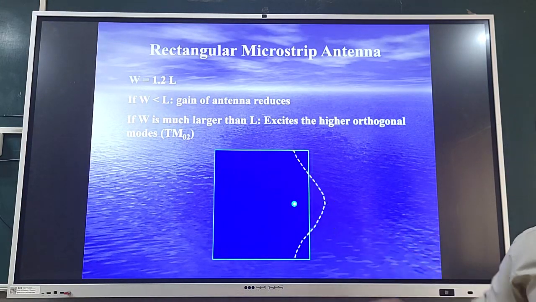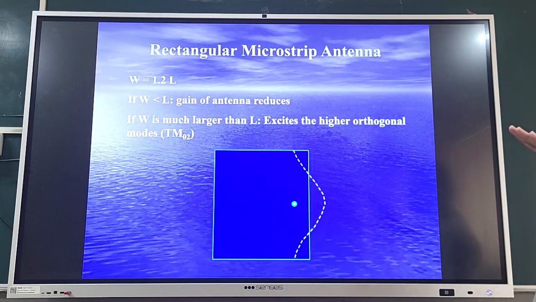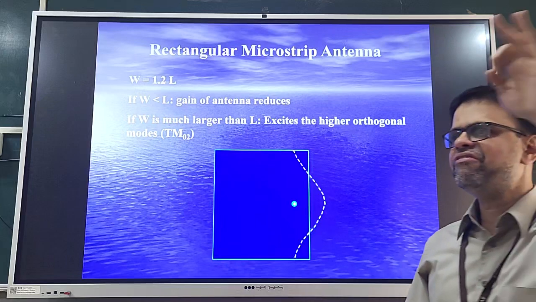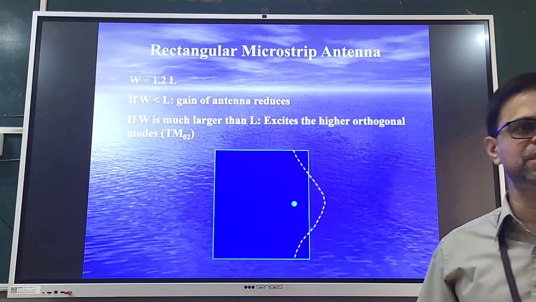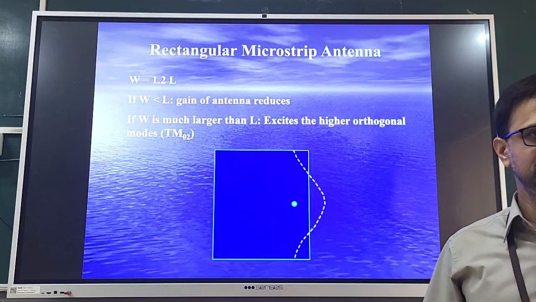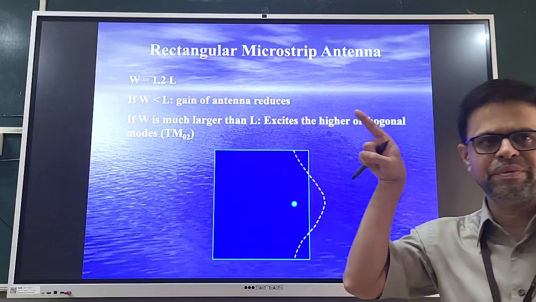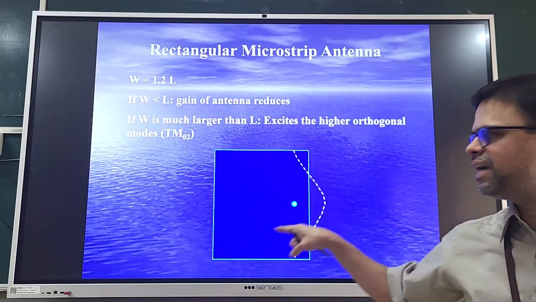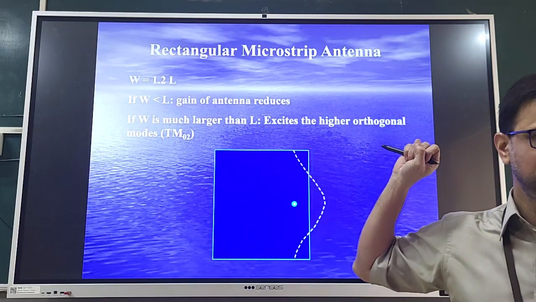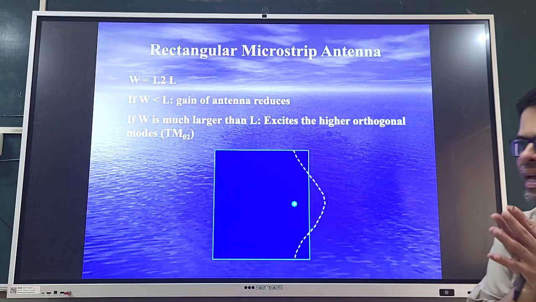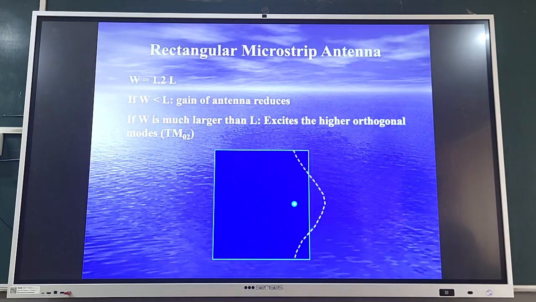That is what is shown over here. And for the feed point location, no matter what you do, for any feed point location which excites the 10 mode, you will always excite the 02 mode too. So that 02 mode placement plays a role in the cross polar design.